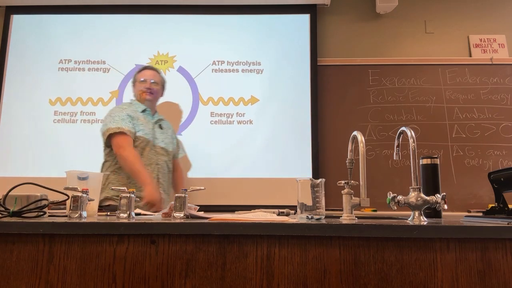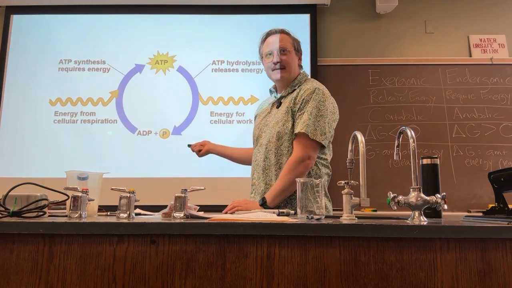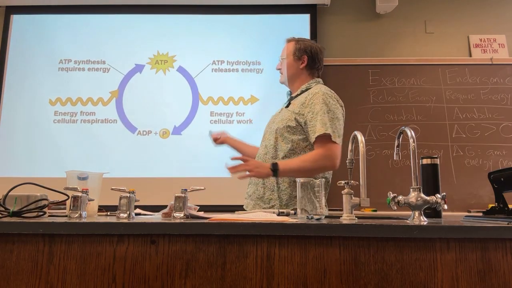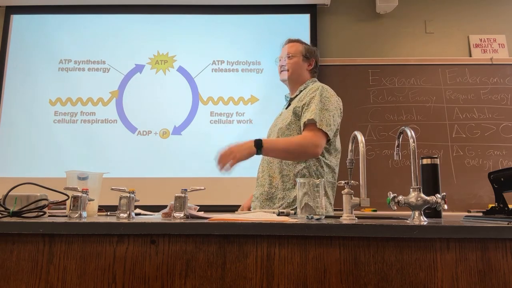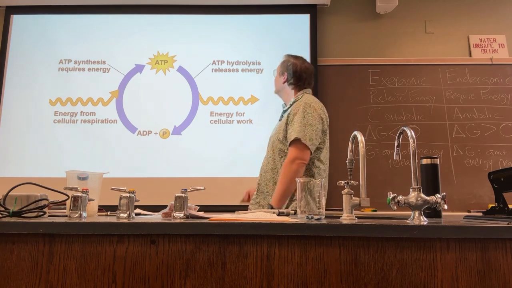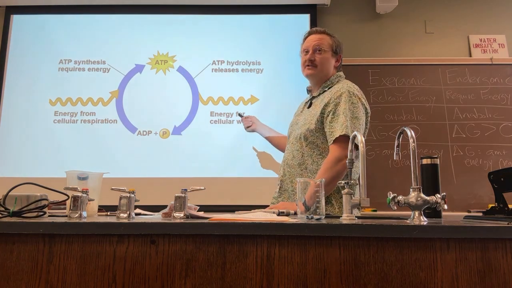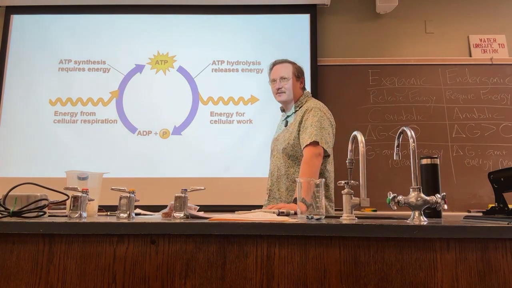So here's a cycle we've got, okay? Cellular respiration happens, it generates ATP using energy from other molecules. Then you hydrolyze ATP, and that releases energy. That energy can be used for cellular work.